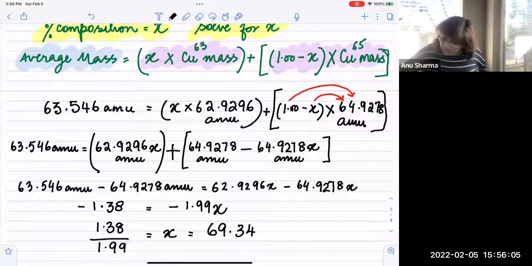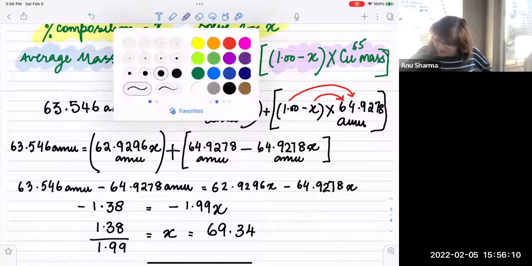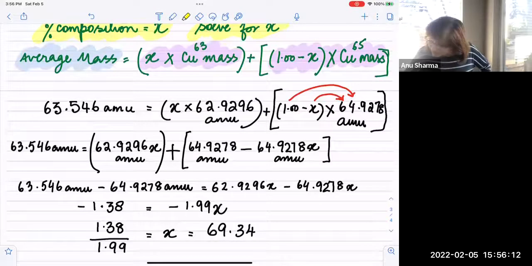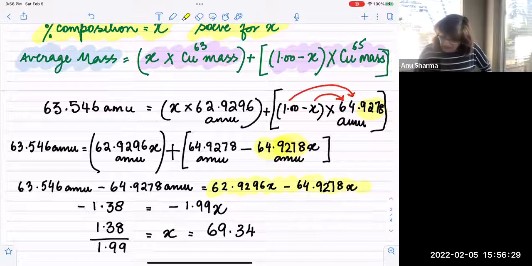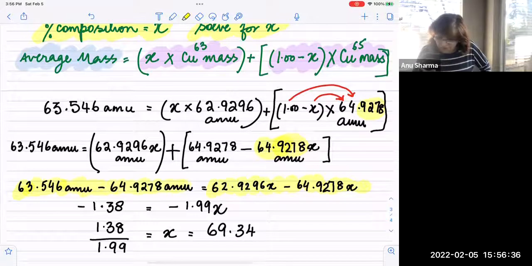Okay, so there was a little discrepancy I made. I realized it when I was calculating. So here, 64.9278 is subtracted from 62.9296X, and 63.546 minus 64.9278.